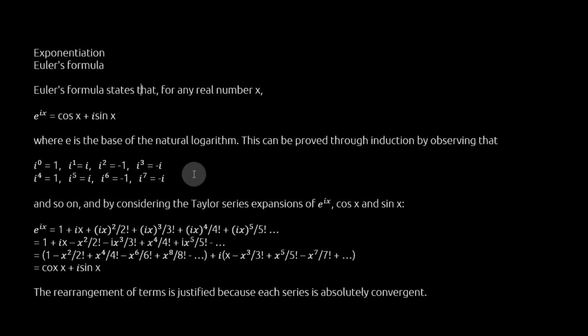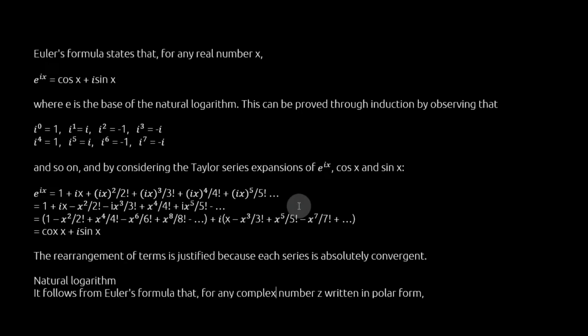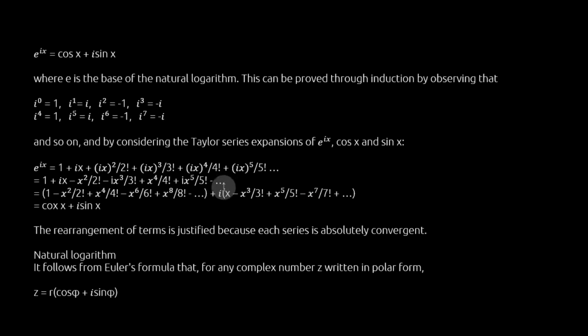This can be proved by considering the Taylor series of e to the x. If you simplify the Taylor series, this is what you get. The rearrangement is justified because the series is absolutely convergent.